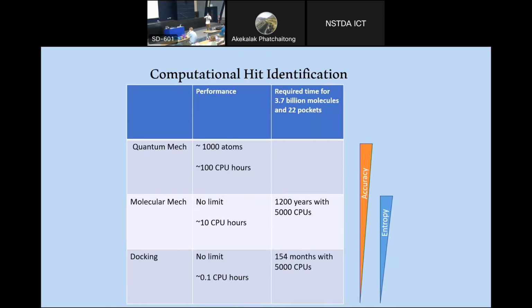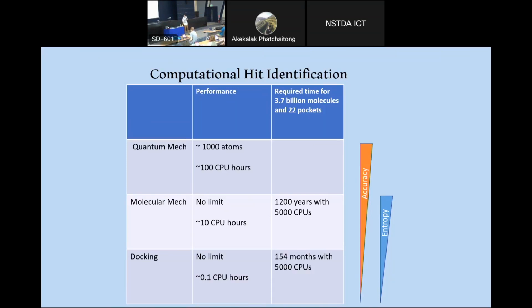If we want to be more accurate, we can go quantum mechanical. The problem with quantum mechanics is there is a size limit, typically of the order of thousands of atoms. Your protein is more than thousands of atoms. So if you want even more accuracy, the QM calculation is not a possibility. Now docking, which a lot of you are interested in, is another possibility.